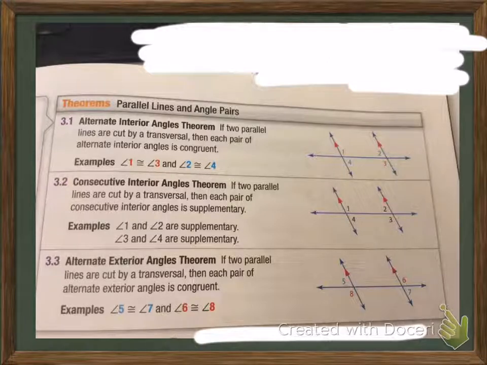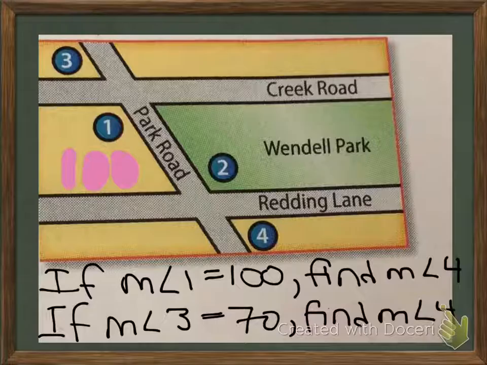If we look at our theorems, there's not a specific theorem that tells us how to find angle 4 with just 100, but we can use 100 to find another angle, angle 2, and then use angle 2 to find angle 4, because that would be the supplement theorem, since those are forming a linear pair.